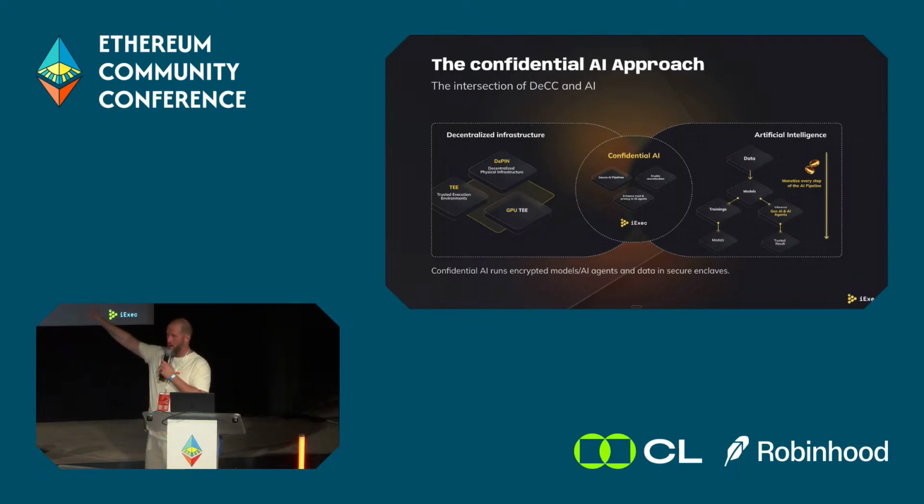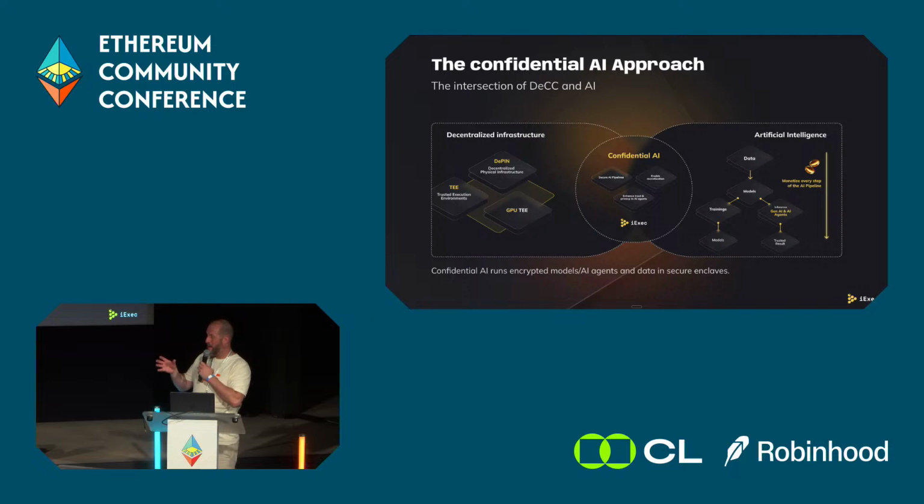You know now what decentralized confidential computing is. It's an infrastructure. And you know what AI is. And the merge of both is confidential AI. That's pretty amazing, because with TDX technology, we are able to run AI models and AI frameworks too.